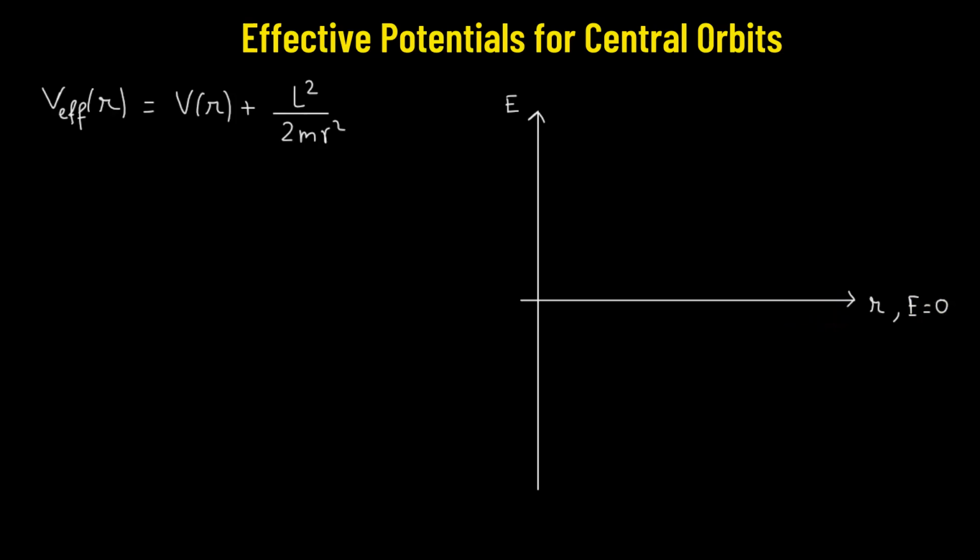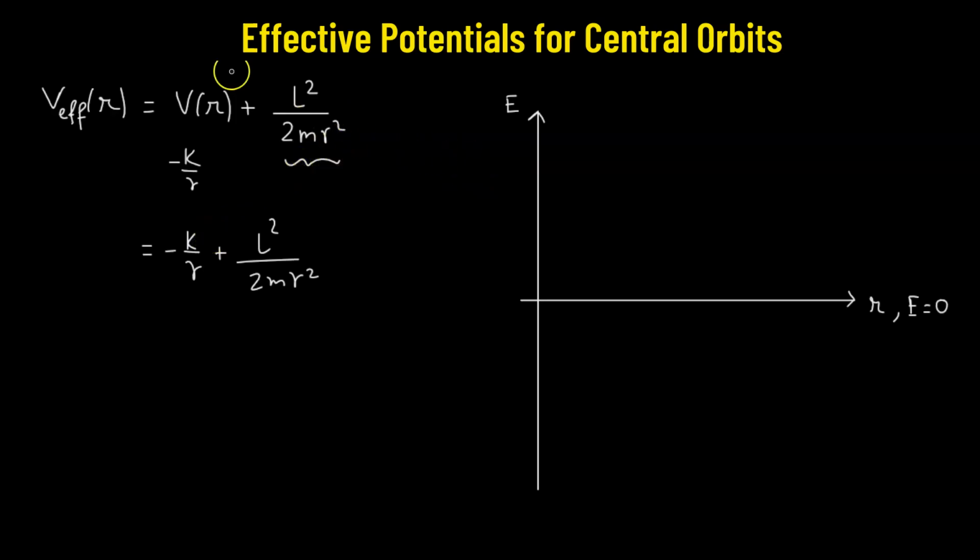Now, the effective potential is simply negative Q over R plus L squared over 2m R squared. So our fictitious potential is dependent on 1 over R squared. That means it's going to fall faster compared to 1 over R.